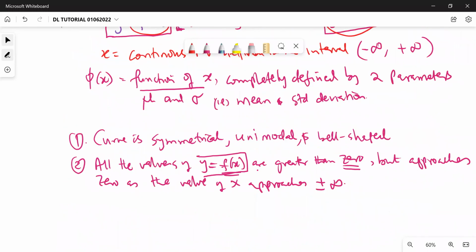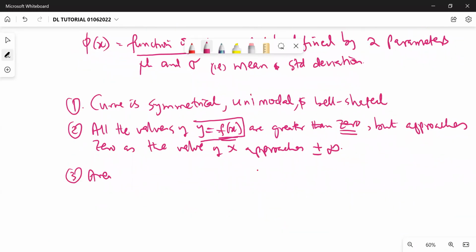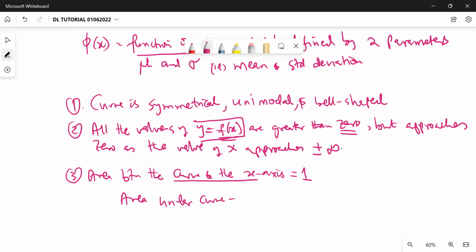Okay, so number 3, area between the curve and the x-axis is equal to 1. That area under the curve is actually what we shall be calling a probability.